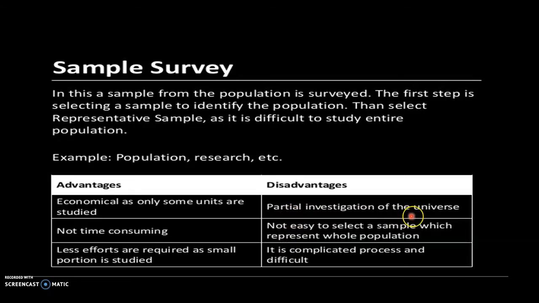Only partial investigation of the universe. Then it is not easy to select a sample which represents the whole population. So it is a difficult and complicated process. These are the advantages and disadvantages of sample survey.